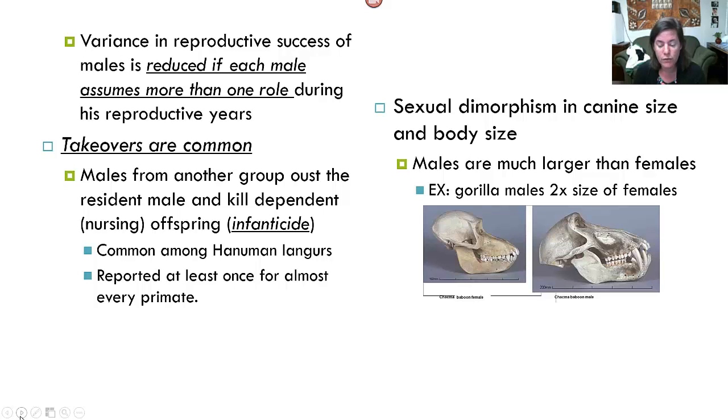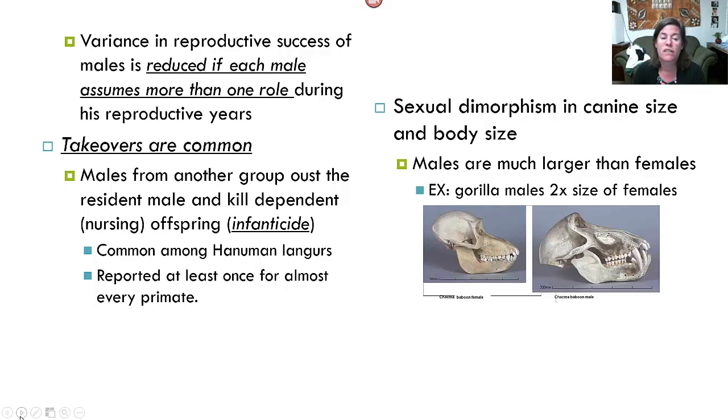One of the things that we've noticed with single male, multi-female groups is that they are characterized by frequent takeovers. Takeovers are events where males from another group, such as an all-male band, oust the resident male. They kill him, often fight him until he's near death, and they often, most importantly, kill any dependent offspring.